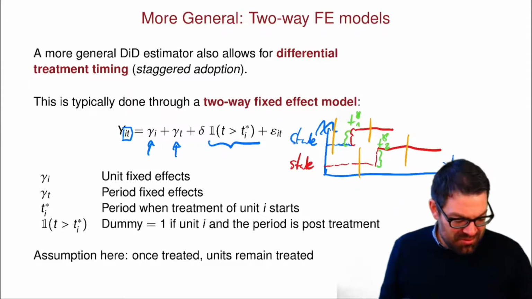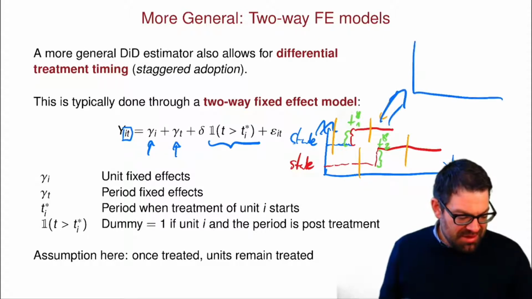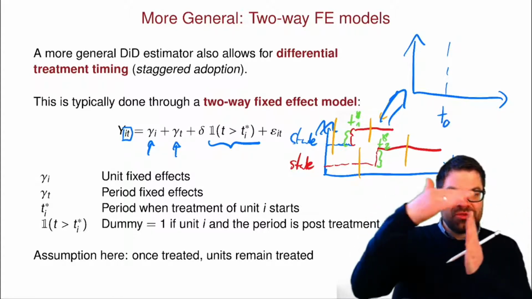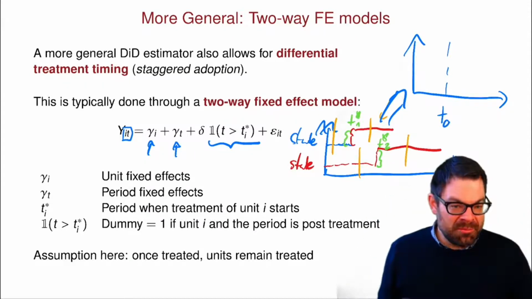So rather than having this staggering here, what the estimator does in a nutshell is to move them all to the same treatment time, with the treatment at t0.